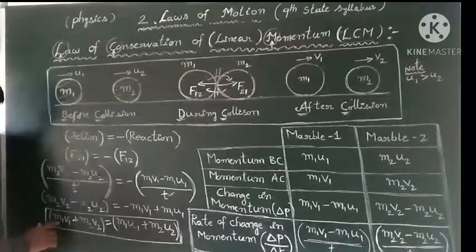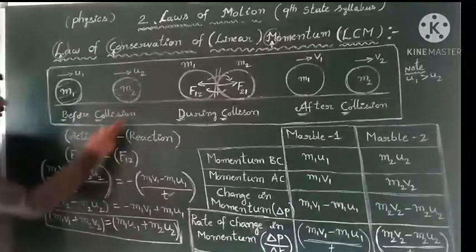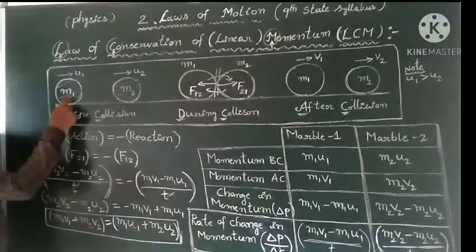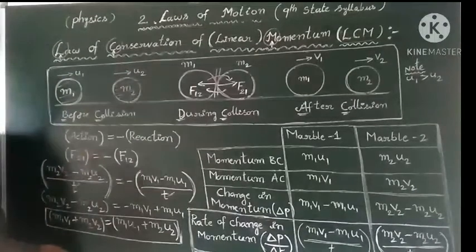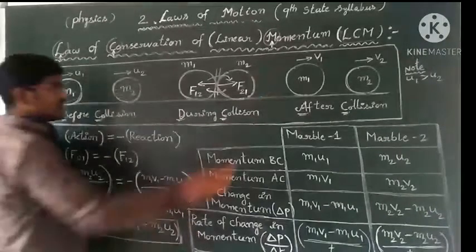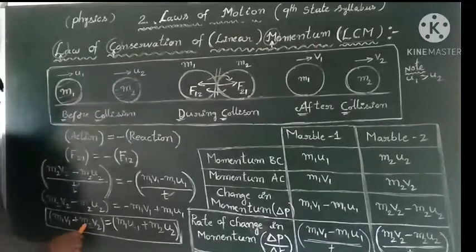So this is the total momentum just before the collision. Before the collision, the total momentum of the system is m1 u1 plus m2 u2, and the total momentum after the collision is m1 v1 plus m2 v2.